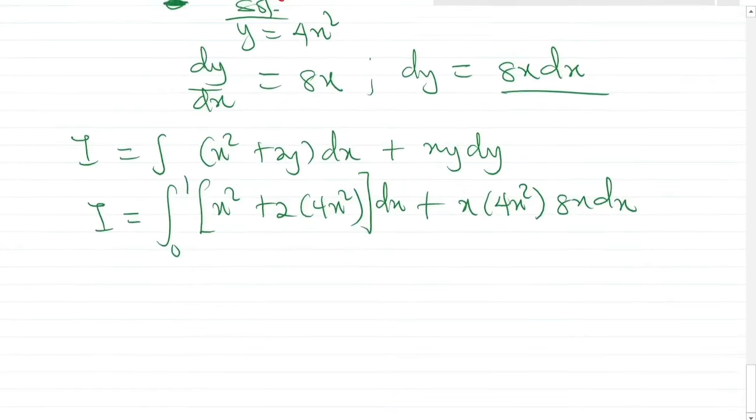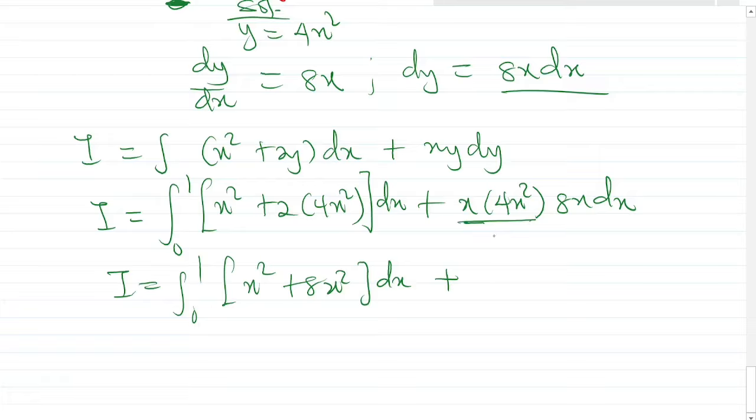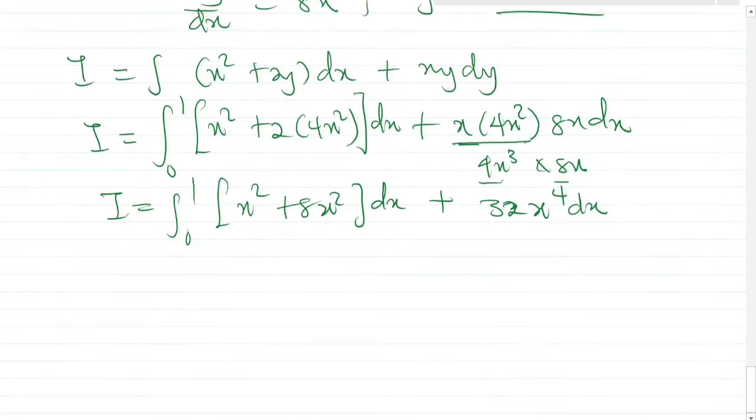I'm talking about x. So I would be from 0 to 1. So x squared plus 8x squared dx plus, now you have to multiply everything together. If you multiply this, that will be 4x cubed, multiplied by 8x, 4 times 8, that's 32x to the power of 4, then dx.